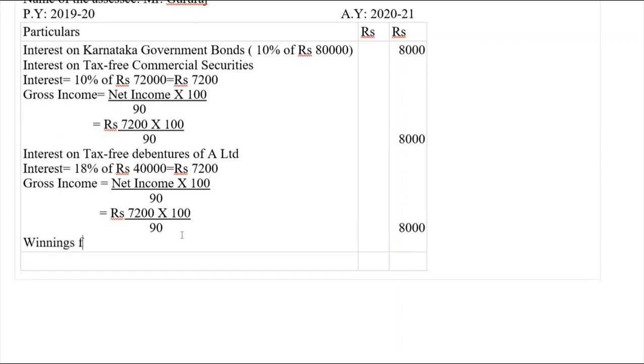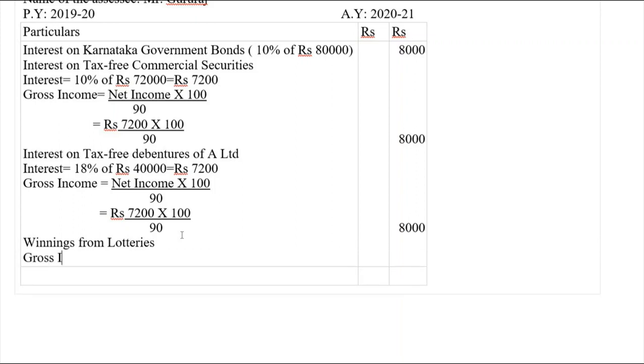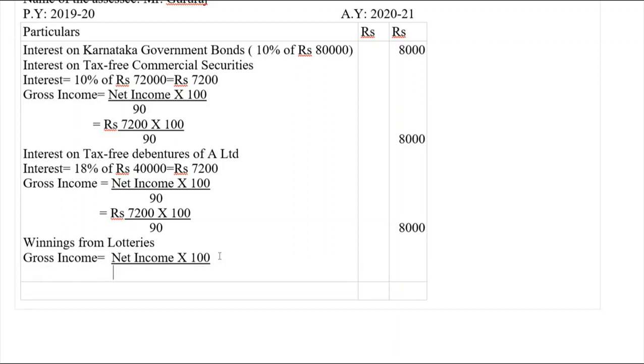Then the next one, we need to calculate the winnings from lotteries. Here we are given the net, so again we should find gross income equals net income multiplied by 100 divided by 100 minus the rate of TDS. The rate of TDS on lottery and other casual incomes is 30%, so 100 minus 30 comes to 70.